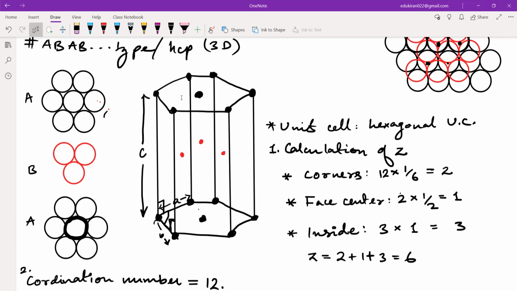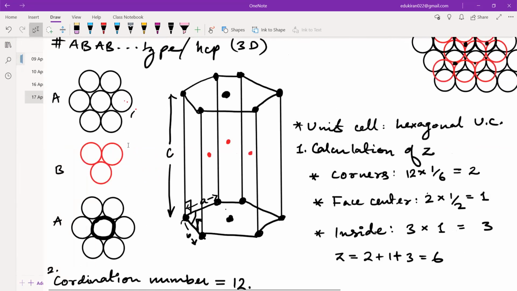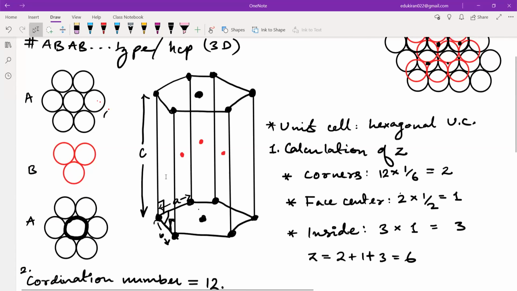But there is a way in which you can calculate the volume for this unit cell. Tell me, no idea?